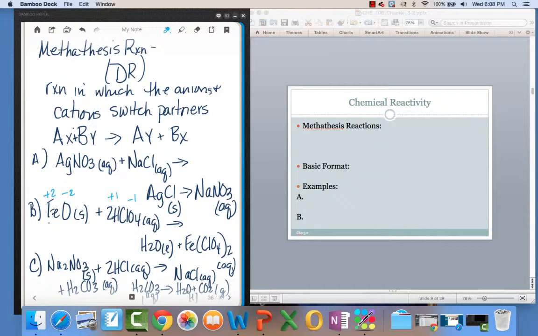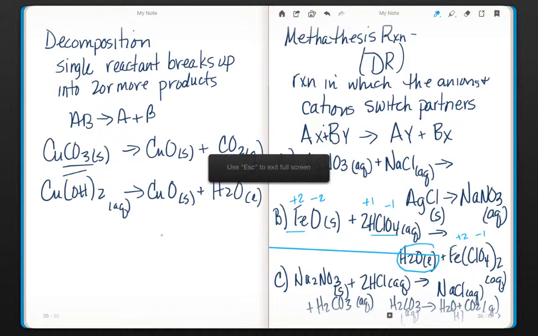So positive hooks up with negative, so Fe hooks up with ClO4. Because the Fe was +2 and the ClO4 was -1, when we dropped and crossed, this 2 came down here. And then my H hooked up with my O and made H2O, because there were 2 H's and 1 O. That one's pretty evident. I formed liquid water.